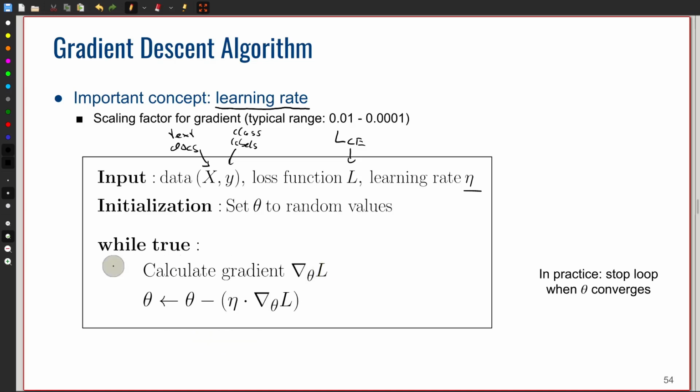First, we calculate the current gradient. Current gradient means the gradient with respect to the current theta values. And then we have this update step where we in fact change these theta values. So again, we first scale the gradients using the learning rate.